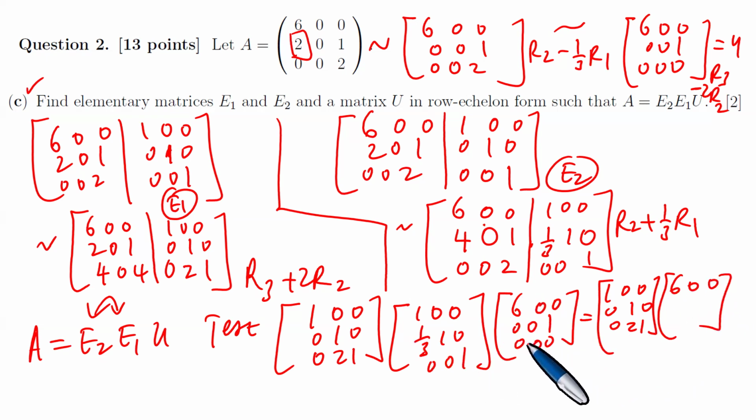This with that, a 2. This with that is 0. This with that, a 1. This with that is 0. This with that is 0. Okay, I need to just check. It's still the same. Something is going to work here, but we're very close.